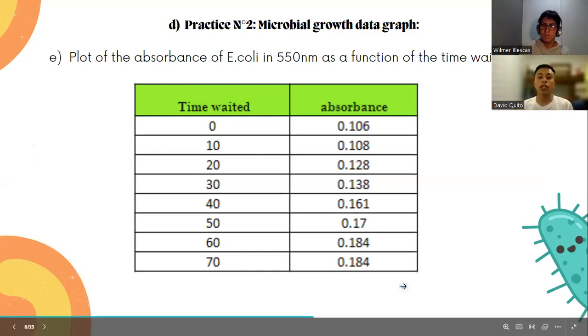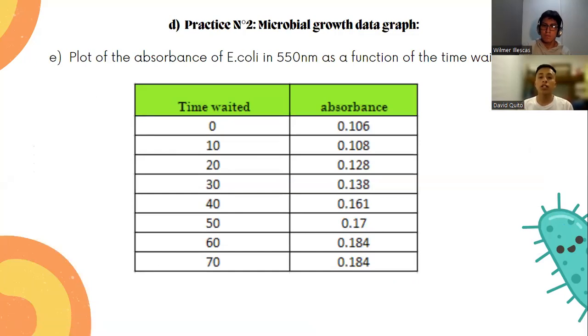And finally, the practice number 2 is the microbiology growth data graph and the plot of the absorbency of the E. coli at only 550 nanometers as a function of the time waited.